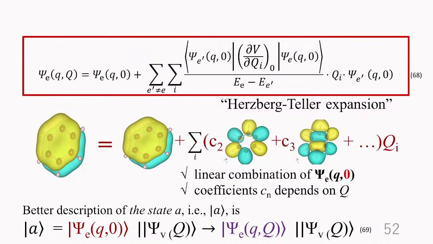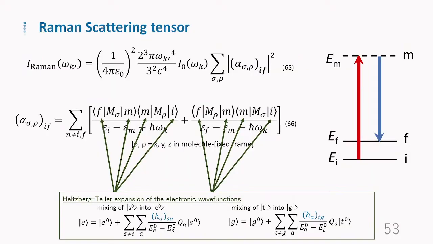Molecular vibration is not only one. For polyatomic molecules, there are 3N-6 kinds of molecular vibration. So the mixing nature depends on each vibration. But anyway, instead of expressing the wave function by considering the electronic wave function and vibrational wave function separately, we should use the electronic wave function with the mixing along with the vibration Q, and the vibrational wave function.